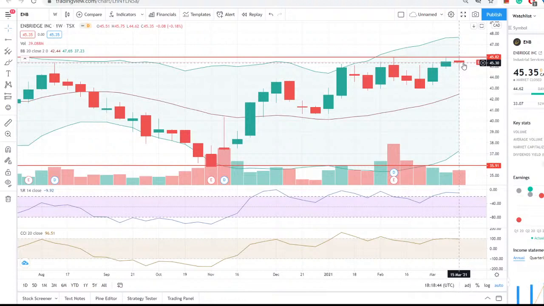That indicates strength coming in. Number two, how many times have you touched 45.87 or that red line? One, two, three. Three times. So the fourth time it will come back with vengeance and take it out.